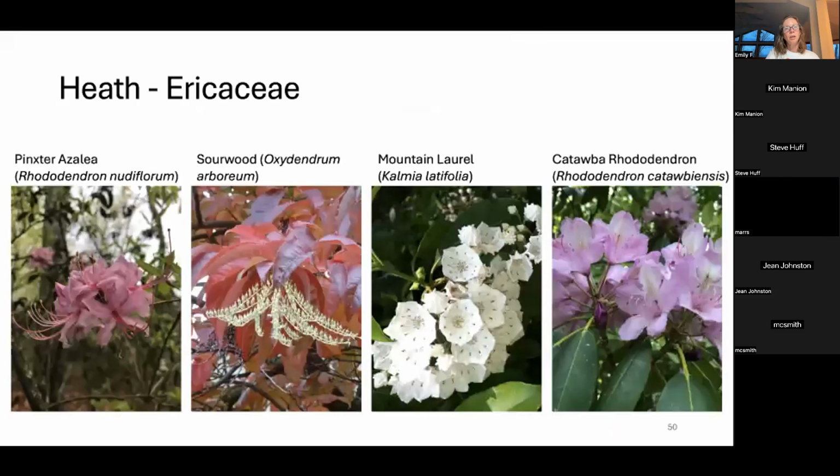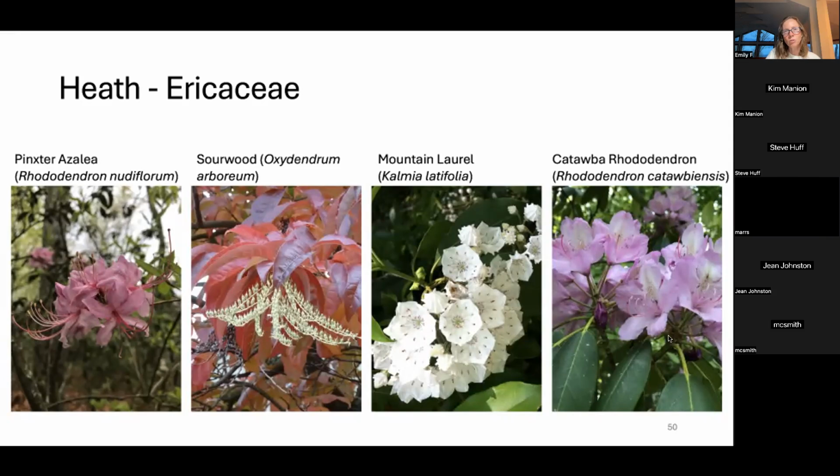Cool shady slopes. So here are the heaths. And these are all understory, or actually the sourwood isn't, it's a lot taller. But we have the pinkster azalea that I talked about previously, that's got the separation of anthers from stigma. We've got the sourwood that has these little urn-shaped flowers on it. I think this is fruit here.